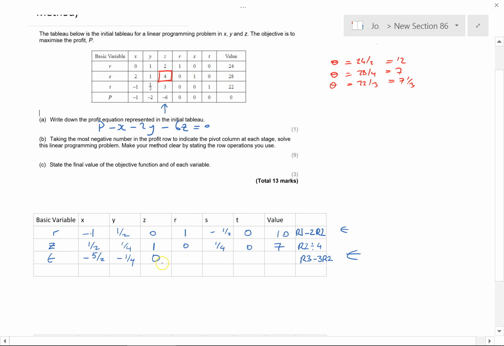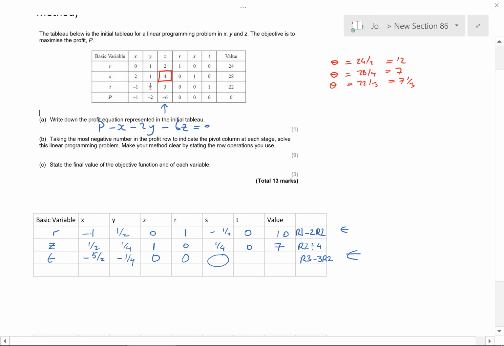Let's say the pivot column's already been sorted. So this number here is equal to the old number in the column there, R0. Take away 3 times this number here, which happens to be 0, so that's still 0. This number here is equal to the old R3, which is 0.